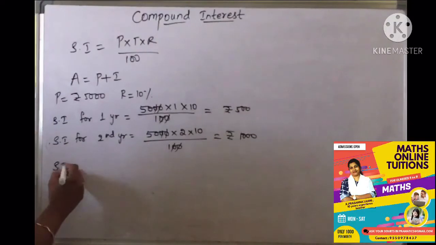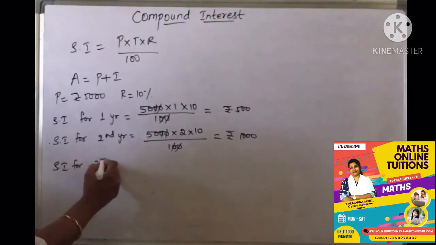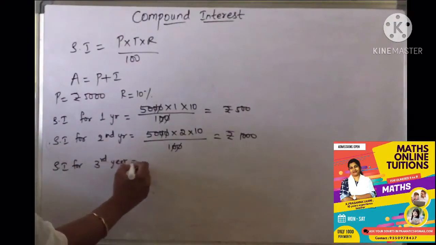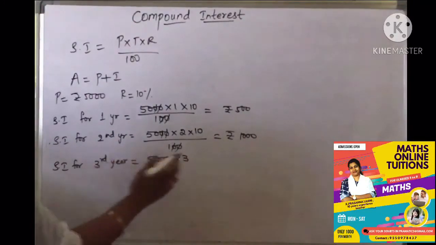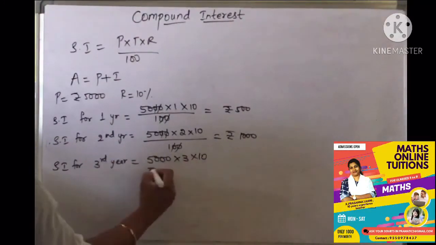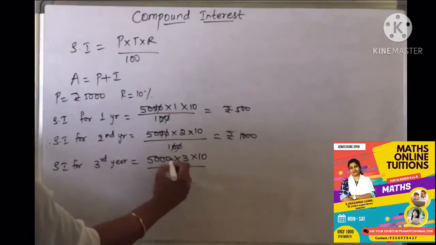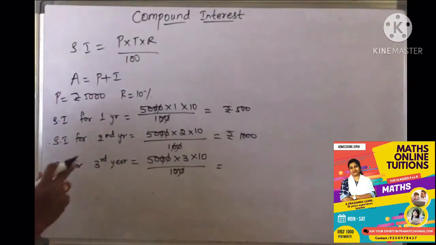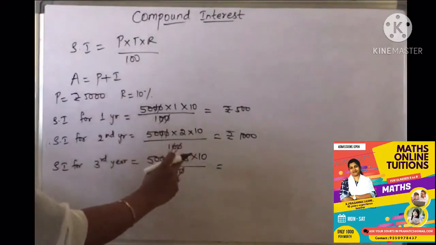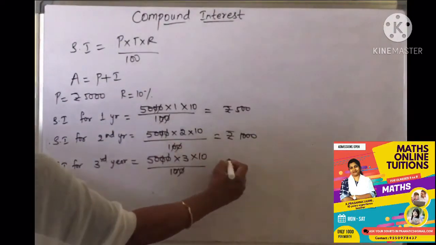Now the simple interest for the third year. Here 5,000 into time period is 3 years into 10 by 100. When I cancel here, 5 threes are 15. So 150 into 10, that gives you 1500.